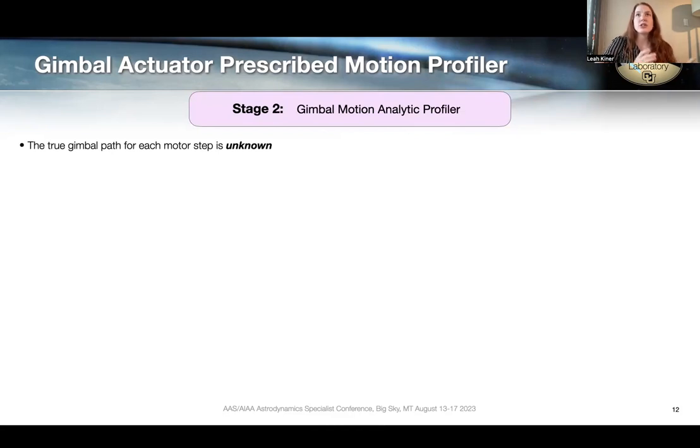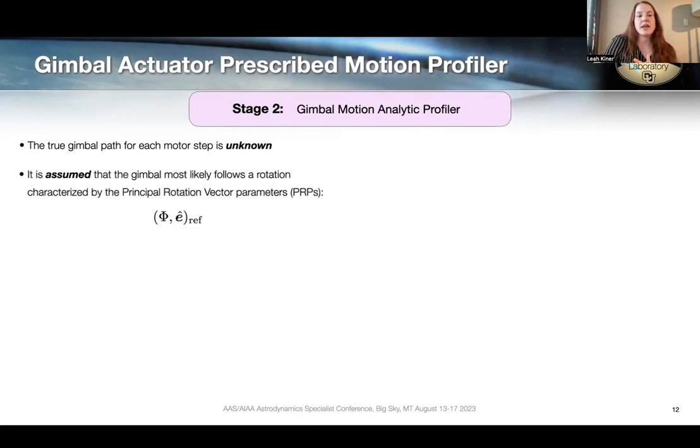And this is largely because the motor step size is often several orders of magnitude smaller than the step size given in the lookup table data. So between discrete points in this table, the gimbal's motion is really unknown.